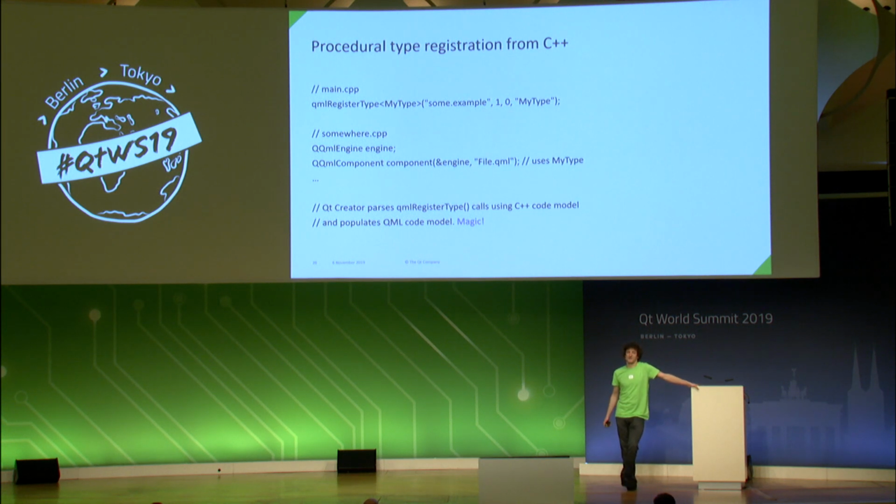And that one then uses one of your registered types. And then, if you do that with Qt Creator, you will see that Qt Creator knows my type in your QML code. Magic. What Qt Creator actually does is check all the qmlRegisterType calls in the C++ part of your project and use them in the QML code model to figure out which types might be there.